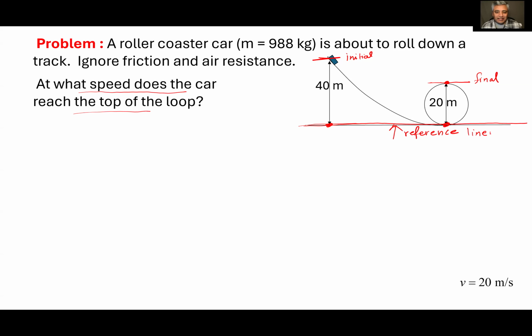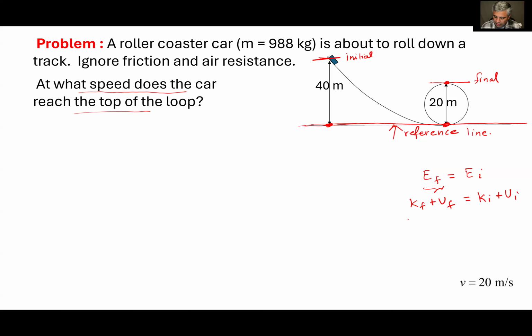Once we have labeled these three things, what do we do? We note down the relevant quantities, because conservation of energy says final energy is equal to initial energy, and this total final energy can be written as the sum of the kinetic and potential energy when there are no non-conservative forces, like when there is no friction or other form of energy present. So final kinetic energy plus final potential energy is equal to, we repeat the same thing, initial kinetic energy plus initial potential energy.